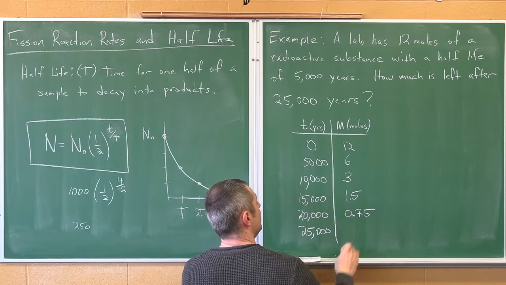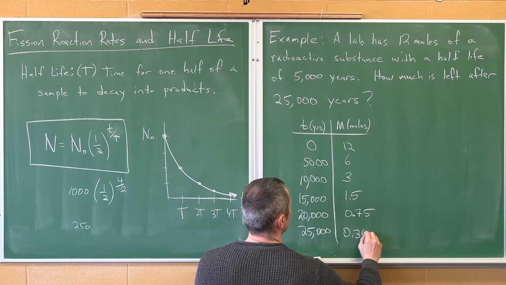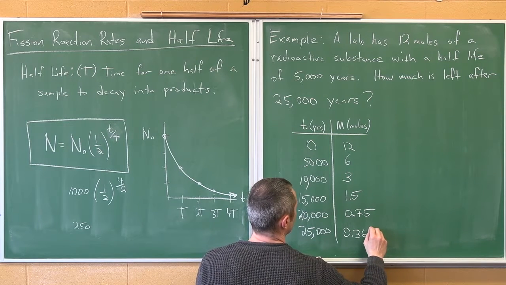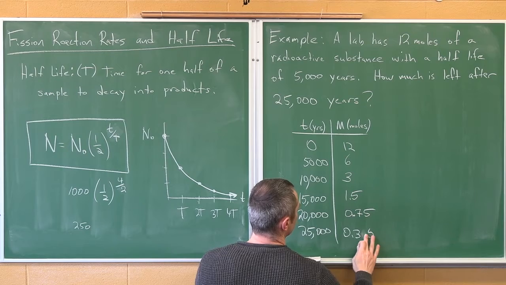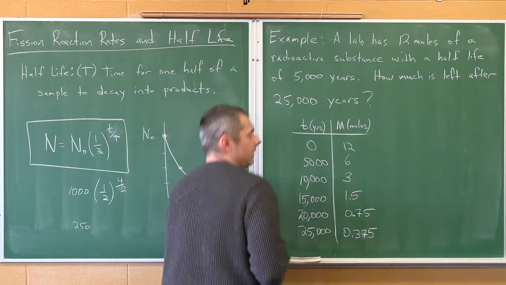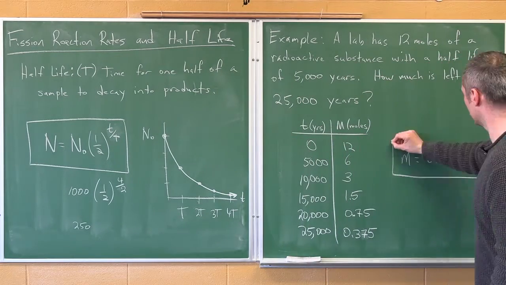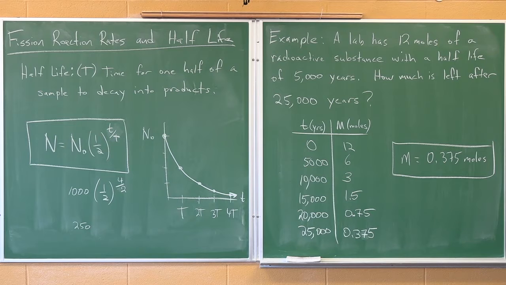And another half-life, we'll lose half of that again. 375. And there it is. So our answer is there. So let me create a pause to give you a chance to copy this down.